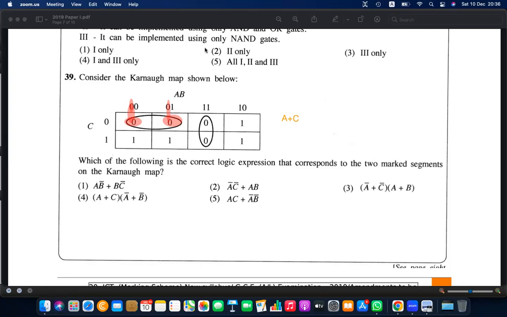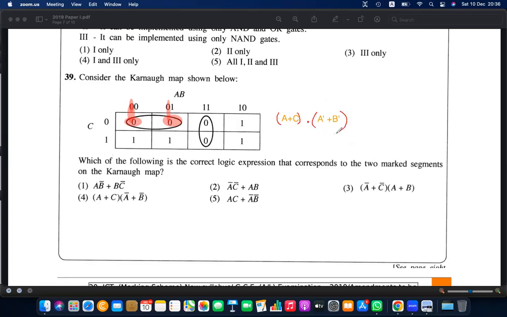Both are not 0, therefore you need to convert these into A naught or B naught, and then you have to AND both this one and this one. That is a valid answer.